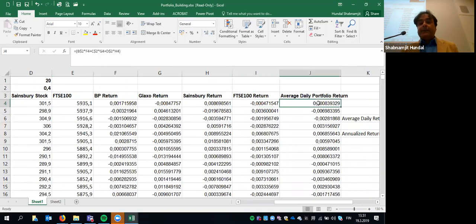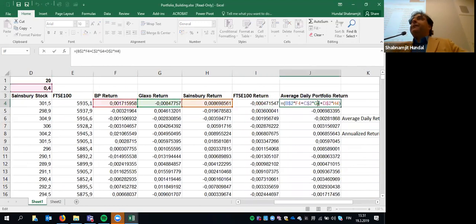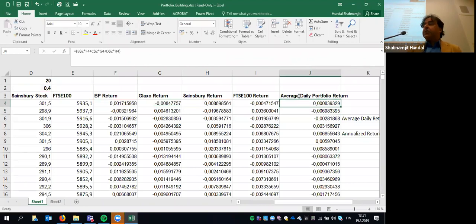And then, this is very important, here we find the weighted average. Remember, you are not just investing in BP or in Sainsbury or in GlaxoSmithKline. You have put weight 24%, 36% likewise. So how much you have earned on the portfolio? So as the name says, average daily portfolio return.